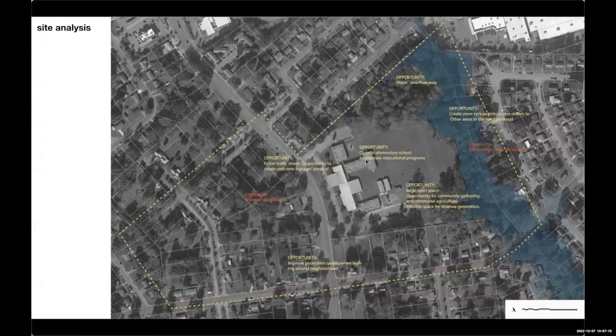Some other opportunities were those of the elementary school as a plot of land. So thinking about incorporating educational programs in the large open space that's next to the elementary school as community gathering space or possible space for revenue generation.